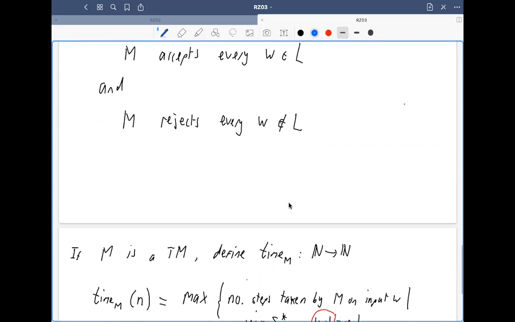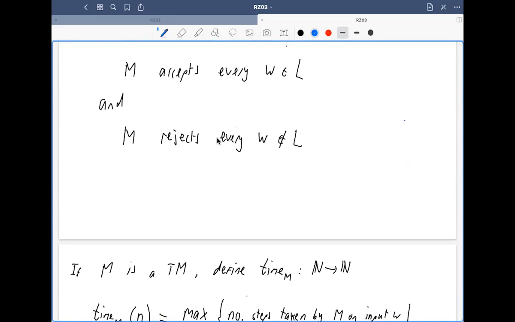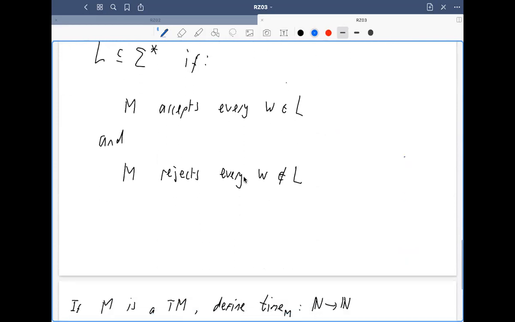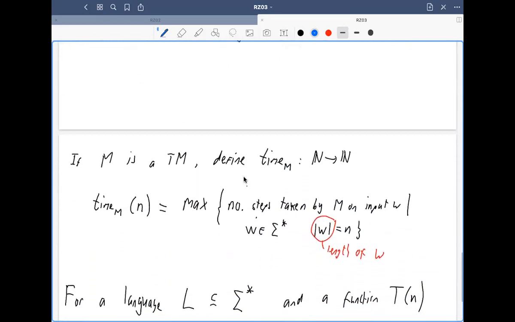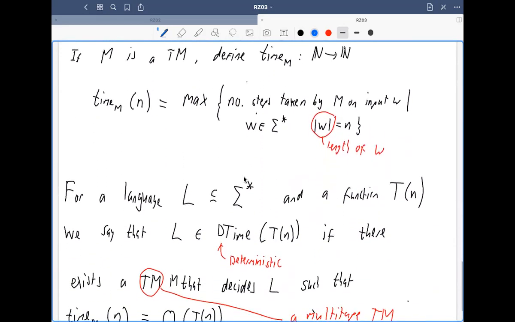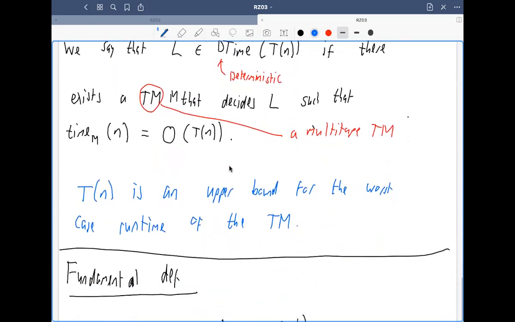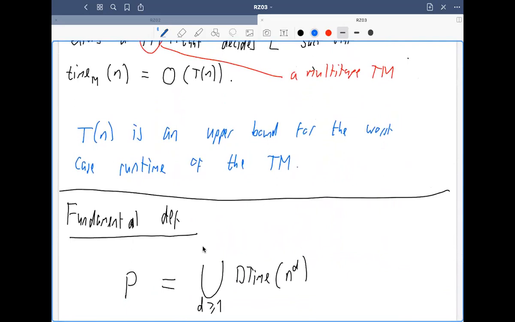Having said what it means for a non-deterministic Turing machine to decide a language, let's adapt the definitions of running time, deterministic time and P to give analogous non-deterministic definitions.